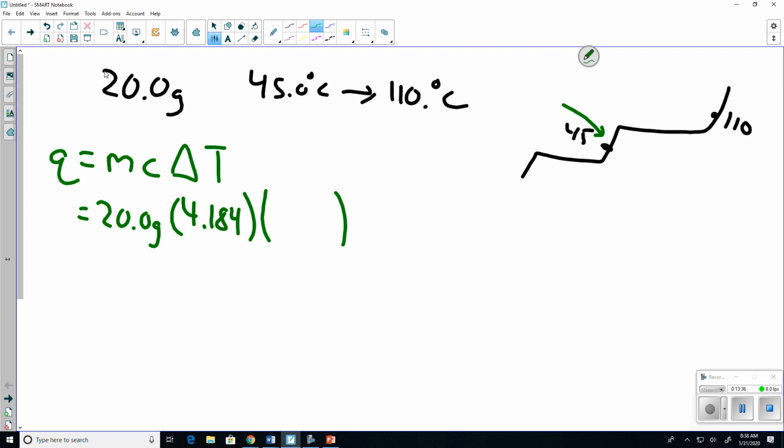And then lastly, my delta T for this first part, final minus initial, is 100 minus 45, which is 55. If I do this first round of multiplication, I would get 4,602 joules.